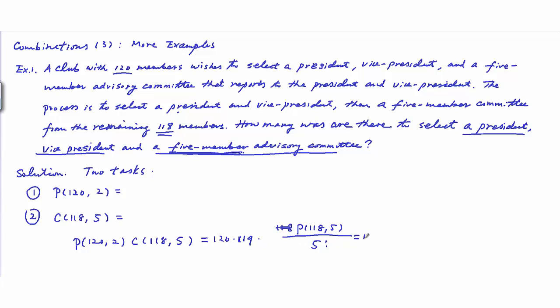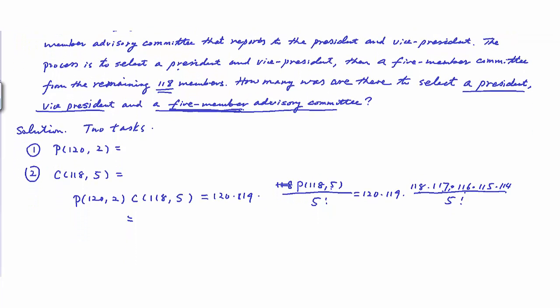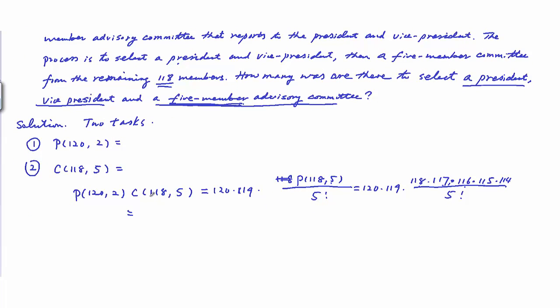So this will be 120 times 119, times 118, 117, 116, 115, 114. So you have 5 numbers here, 1, 2, 3, 4, 5, and then divided by 5 factorial. Now you can punch the calculator. You could also use a graphing calculator to calculate permutation and combination directly. So I leave this one for you to complete. So this is one example.